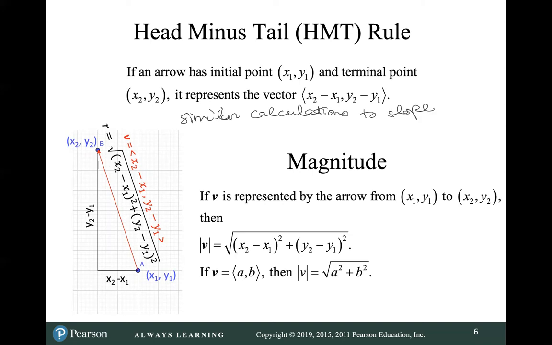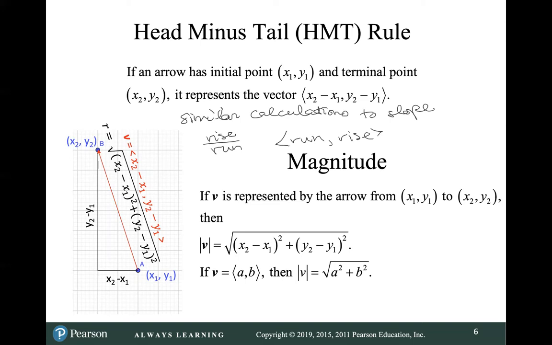Because really what we're doing is calculating the rise and the run, but we're not creating a ratio with it, right? With a slope, we look at rise over run. The vector is run, comma, rise, right? We're seeing how far do we go sideways and how far do we go up and down. And to calculate that, same expressions that we would use as rise and run within our slope calculation.